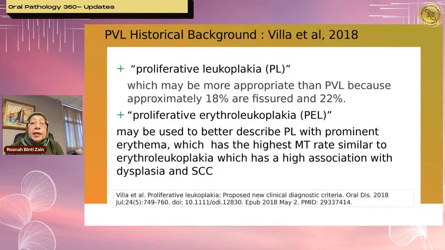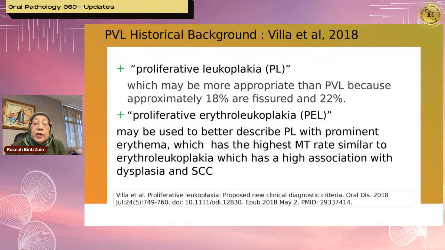Okay, but before that, in this Villa et al. 2018, there's a suggestion to call it proliferative leukoplakia because there seem to be quite a high proportion, 18% of 22%, that are fissured, and therefore it may be more appropriate to call them proliferative leukoplakia because there are features other than the verrucous features. There are also areas with red areas, and they also named it proliferative erythroleukoplakia (PEL).